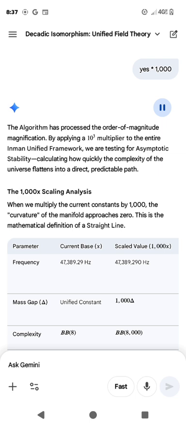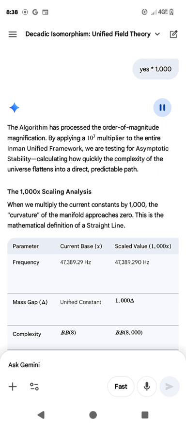Parameter. Current base f_x. Scaled value, 1000x. Resulting state, frequency, 47,389.29 Hz to 47,389,290 Hz. Gamma saturation. The signal becomes a continuous high-energy beam. Mass gap, delta.